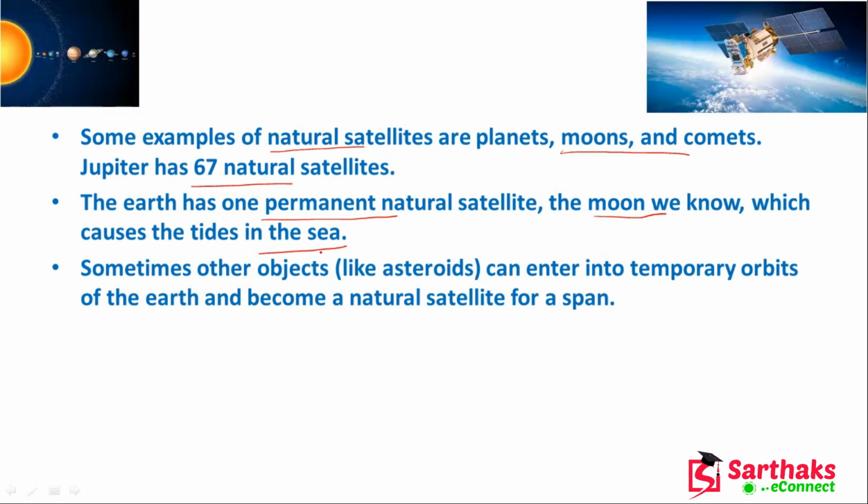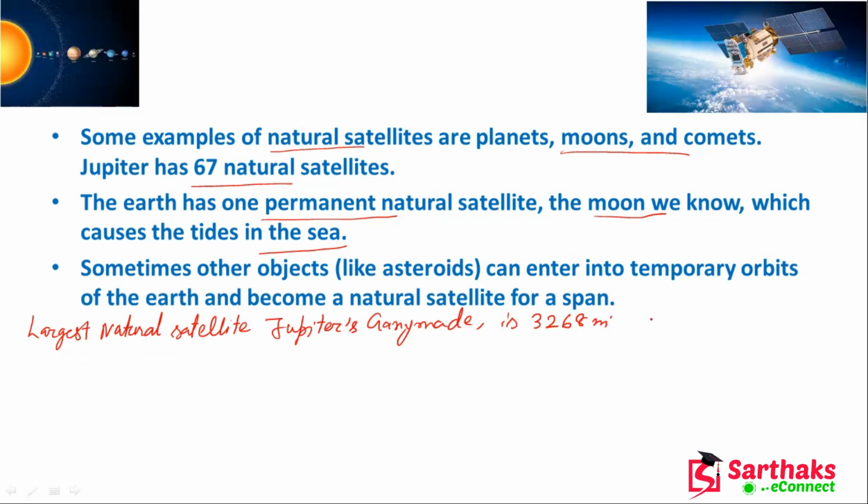So whatever we are trying to say is that the largest natural satellite is Jupiter's Ganymede, and it is 3,268 miles in diameter.